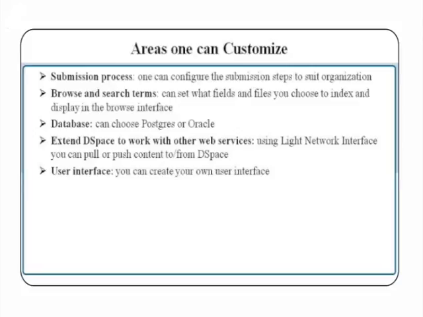DSpace also provides flexibility to choose the database. One can choose Postgres or Oracle. DSpace can be customized to work with other web services. Using a lightweight network interface, you can pull or push content to or from DSpace. You can create your own user interface for interacting with DSpace.